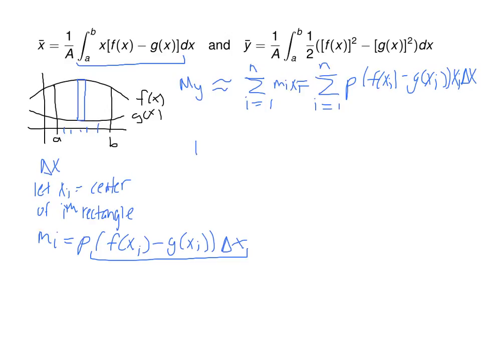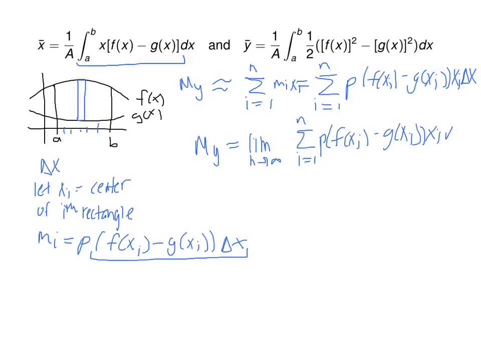Now to find m y exactly, we'll take a limit as n goes to infinity of this expression, and as in every other lesson in this chapter, that is going to become an integral from a to b of rho times f of x minus g of x times x dx.